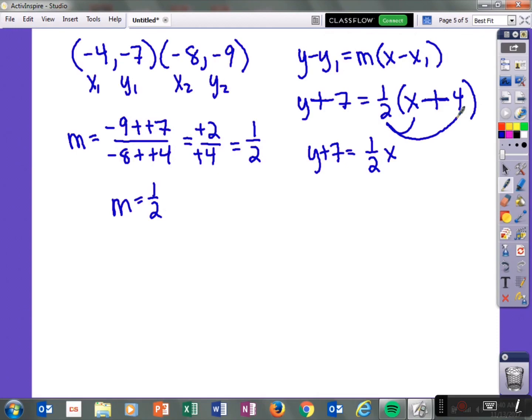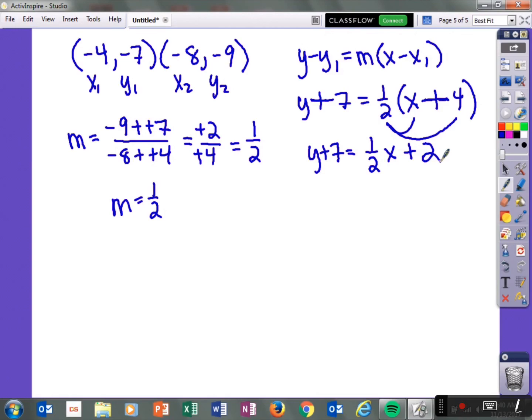What's 1/2 times 4? 2. Multiplying by half is just dividing by 2. So 1/2 times 4 is 2, a positive 2. And if you type that in your calculator, it would have given you the exact same thing.